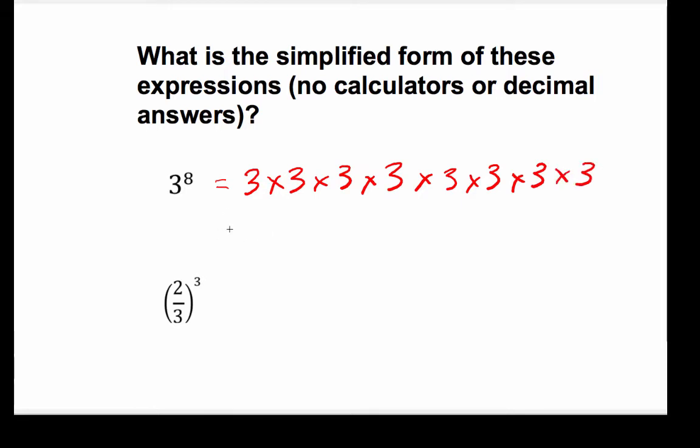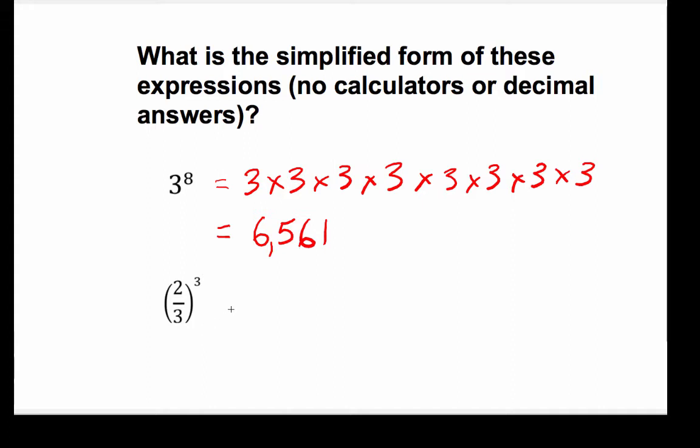Now obviously this is a little bit of a lengthy problem. I'm going to get an answer of 6,561. So we say that 3 to the 8th power equals 6,561. We would say that that's simplified. And we'll talk more about what simplification means, but for now, if you see the word simplify, it just means do it, calculate it. Find out what the value of 3 to the 8th power is.